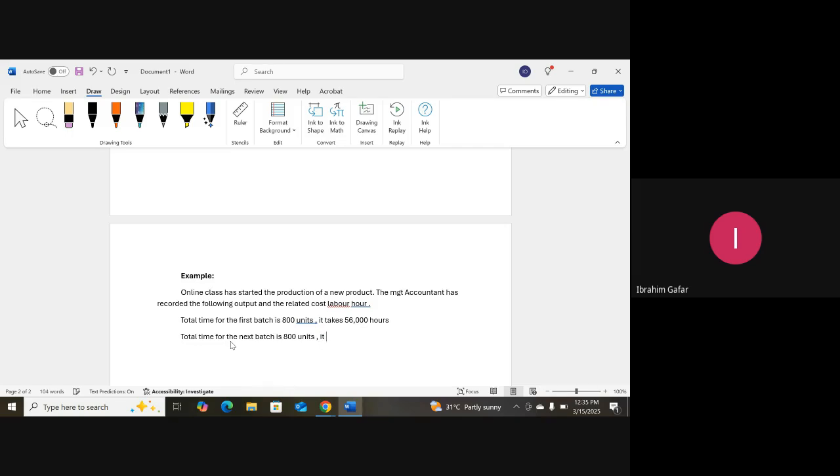It takes 44,800 hours. Total time for the next batch is 1,600 units.